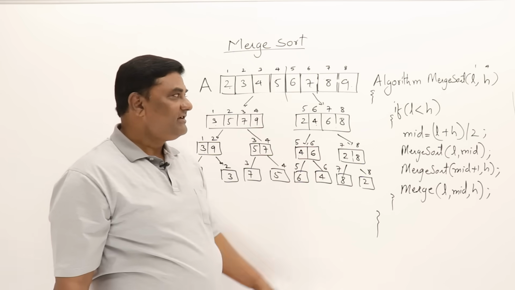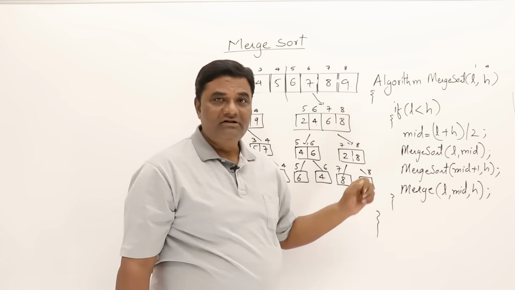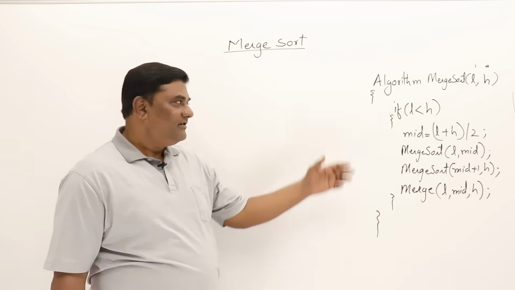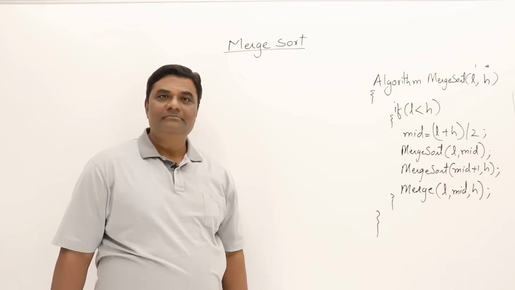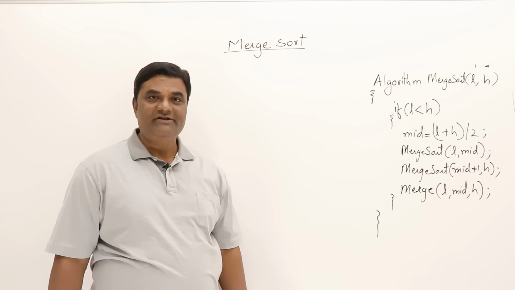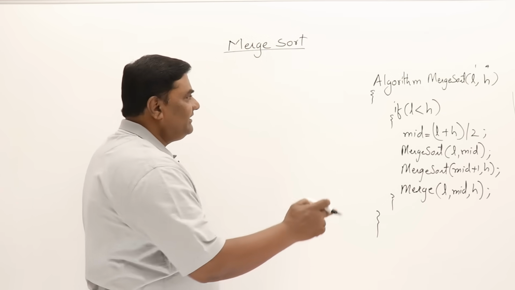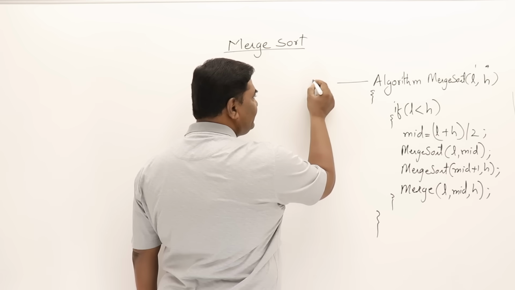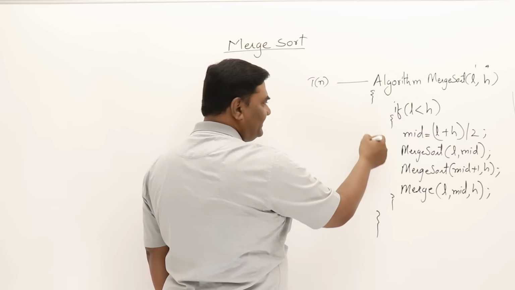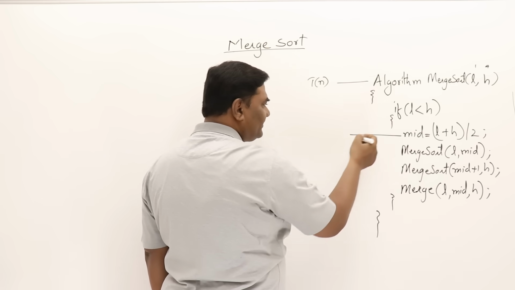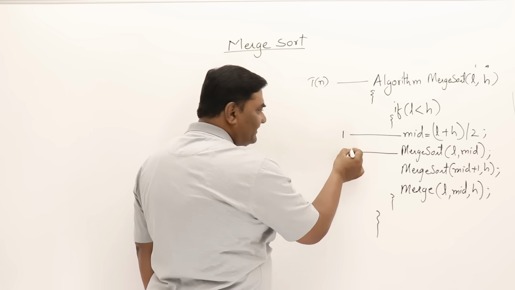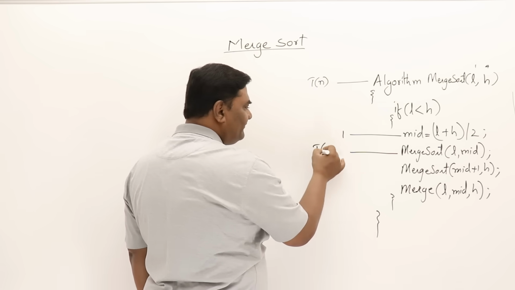Now let us find out the time complexity of this algorithm by using recurrence. Let us prepare the recurrence and find out the time complexity of MergeSort. If I say this algorithm takes T(n) time, then this is one condition, and if I ignore the condition and say this is calculating mid, then it is calling itself, so T of what?